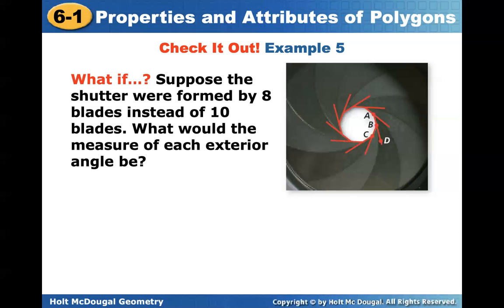Example 5 does 10 blades. What would that change? Do the Check It Out, number 5. Find what each exterior angle would be if you had 8 blades instead of 10.